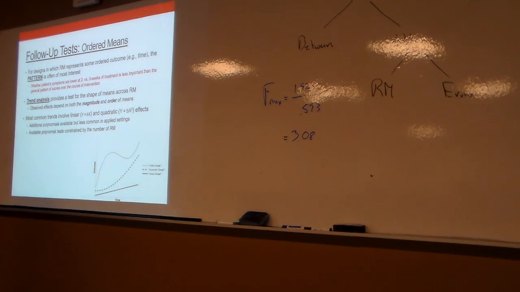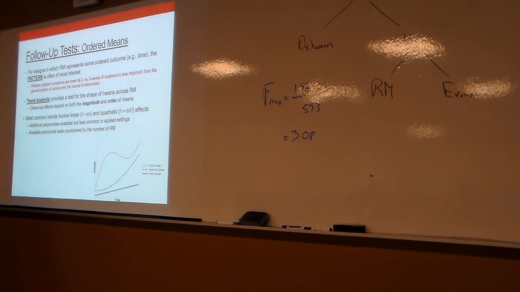So, for example, in our ordered means example, we were looking at depression scores at intake, 2 weeks, 4 weeks, and 6 weeks, right? Whether or not there's a difference between symptoms at 2 and 4 weeks is probably not terribly important. What I might be more interested in in this situation is testing the overall trend of means over the course of time, right? And if that's important, this is where we might start looking at trend analyses, okay?